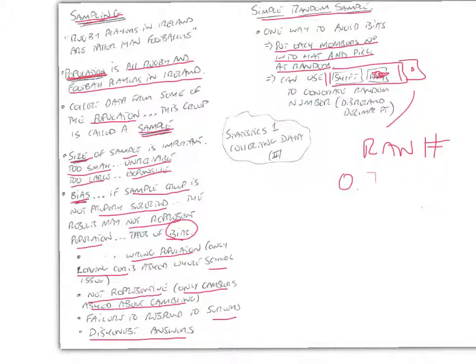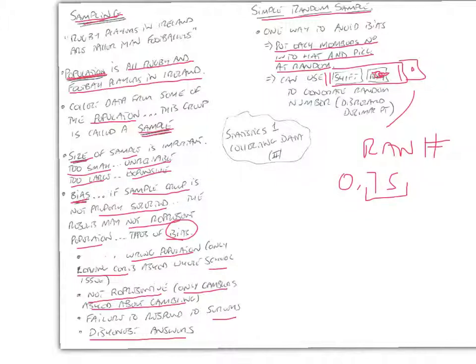It might give you something like 0.75, but don't worry about the decimal point, just use 75, and the person you've allocated the number 75, if you have 100 people that you're pulling 10 from, that's the person you go with. Okay?